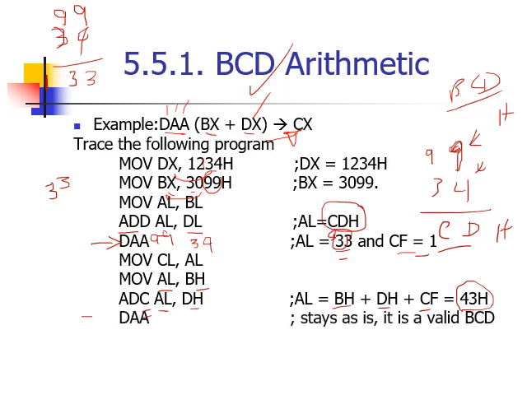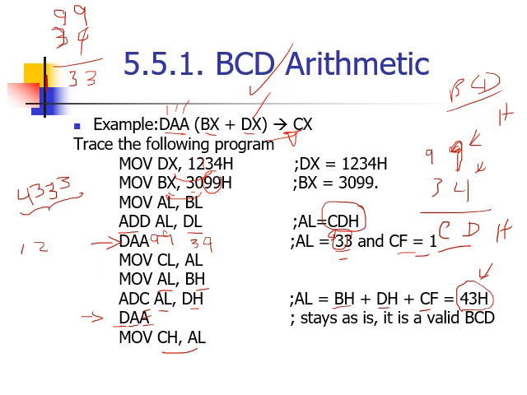Again, decimally adjust after addition, and you will get the same, 43. Place now the result in CH, which is 34. This is now your result.